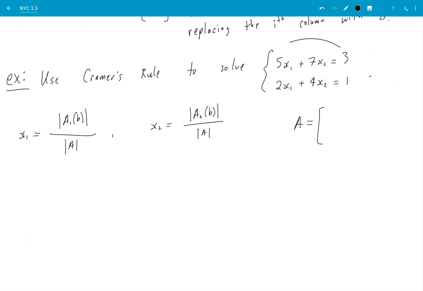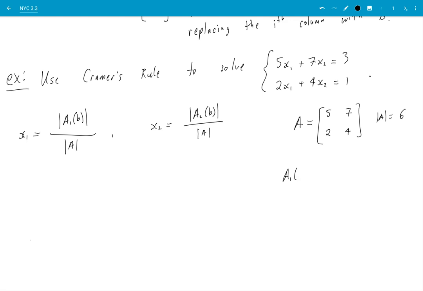Okay, so from the system, I can extract A quickly: 5, 7, 2, 4. And so the determinant of A is 20 minus 14, which is 6.